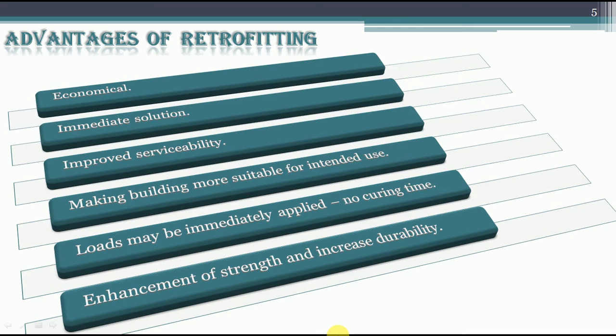If you are replacing the entire structure, it needs nearly 1 to 2 months for curing the new structure. But in the case of retrofitting, without interfering with the function or the use of the building, we can retrofit or strengthen side by side. Retrofitting enhances the strength and increases durability.